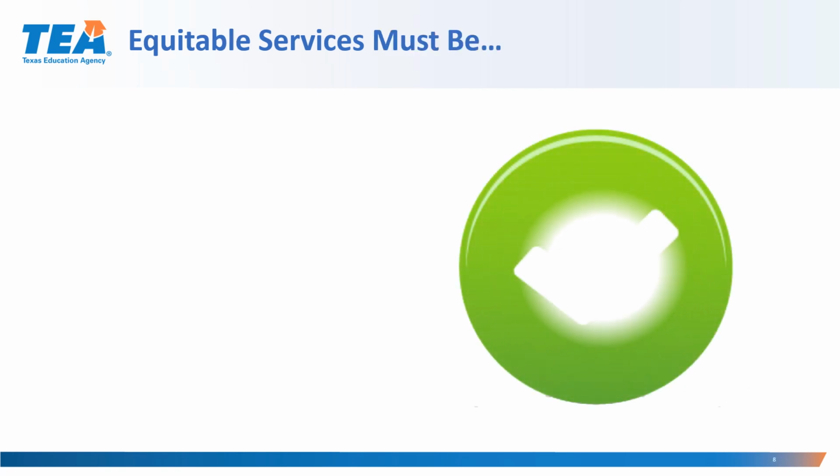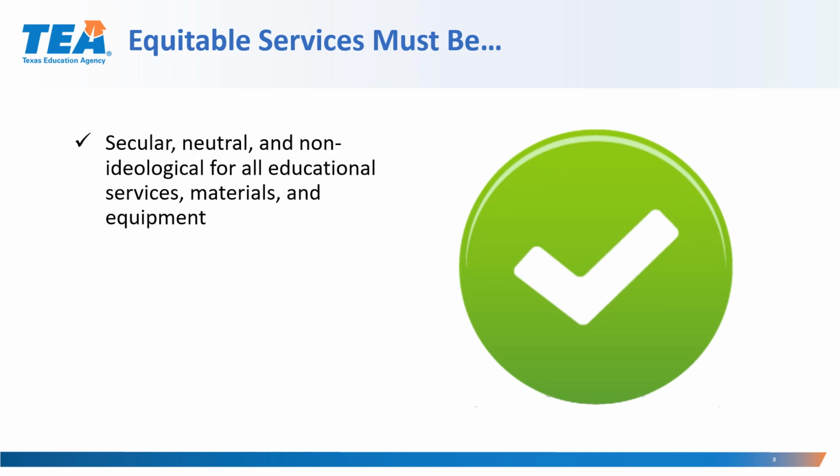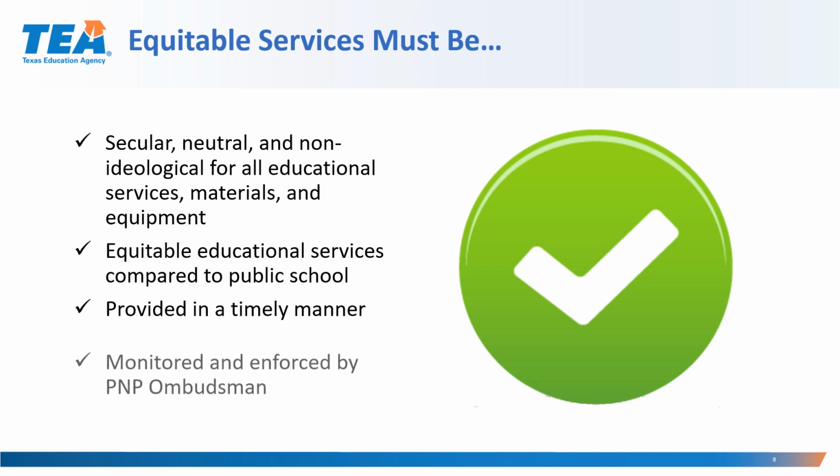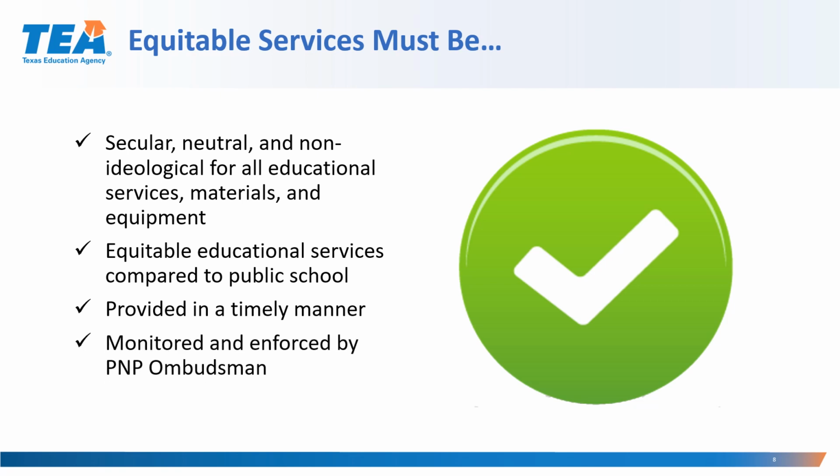Equitable services must be secular, neutral, and non-ideological for all educational services, materials, and equipment. Equitable educational services compared to public schools, provided in a timely manner, and monitored and enforced by the PNP Ombudsman.